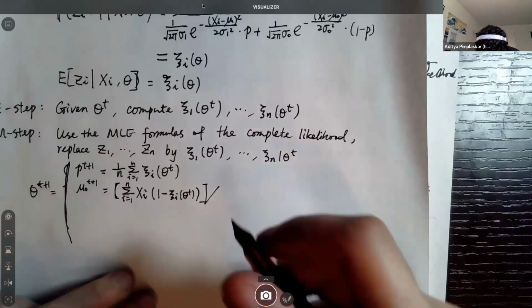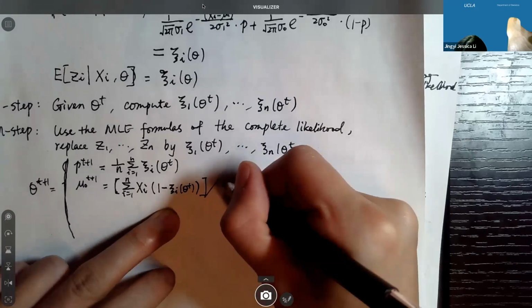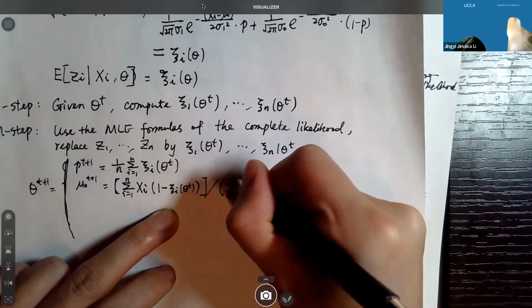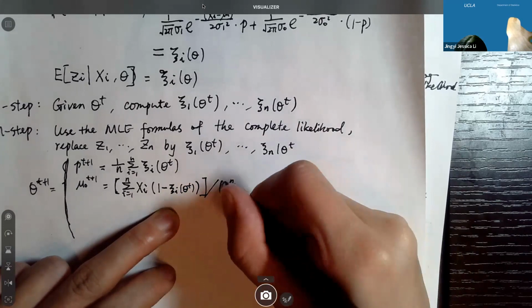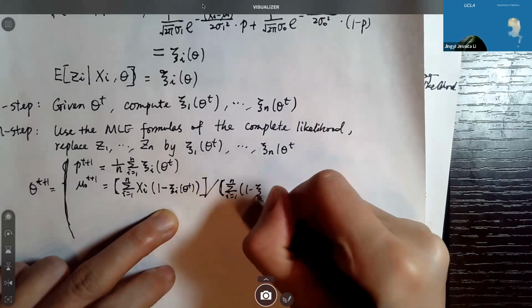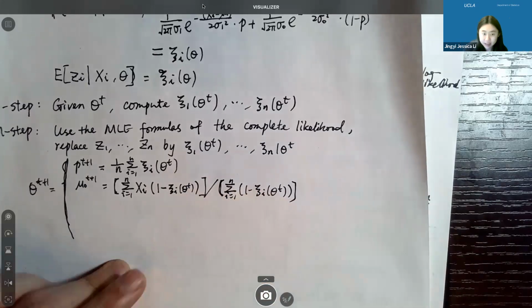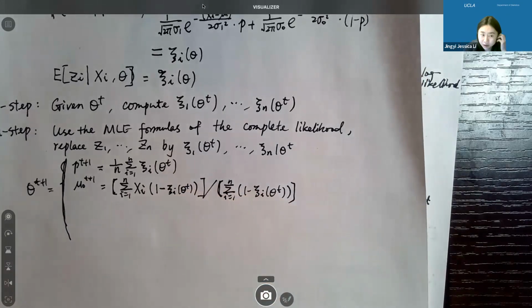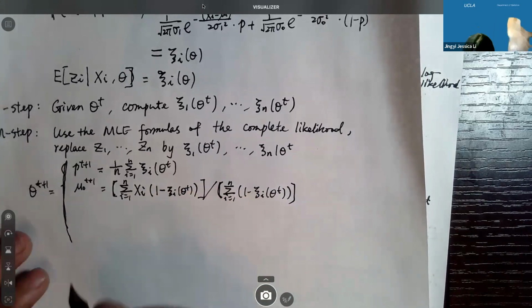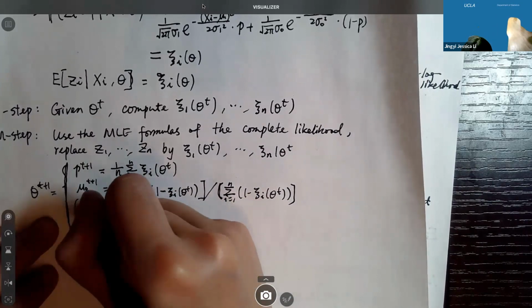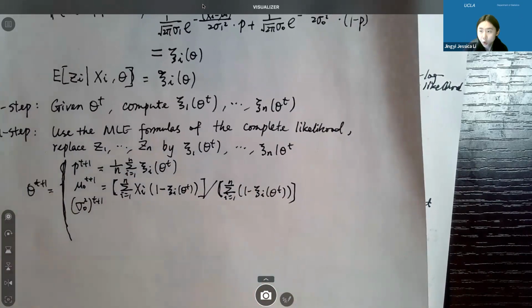Yeah. Okay, the denominator used to be the sum of 1 minus zi. Now I replace it by 1 minus psi I theta t. Okay, so that's mu 0, the new value for mu 0. And then for sigma 0 squared, this thing t plus 1, we used to have it just as for the zi's that are equal to 0.